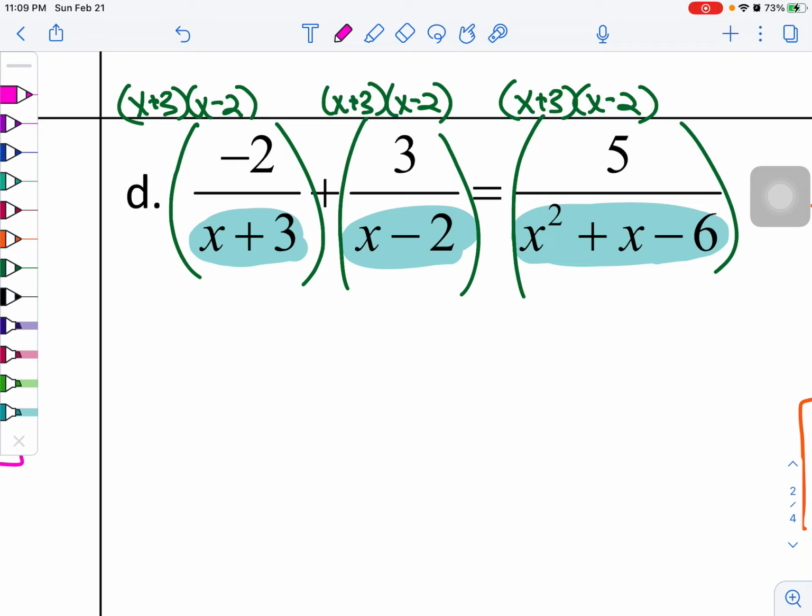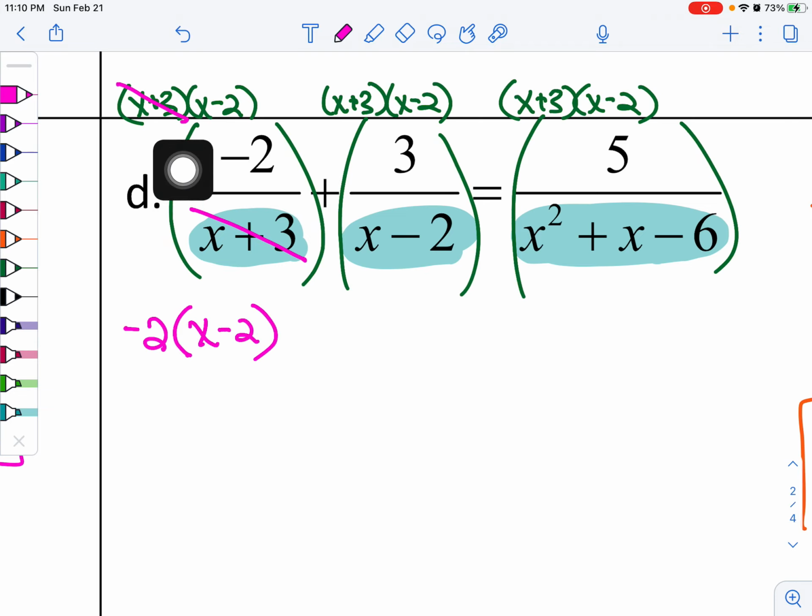Now I want to go through and cancel out what I can to make all of the fractions hopefully disappear. And if I've used the correct LCD, those fractions will disappear. So x plus 3 takes out x plus 3, leaving behind -2 times x minus 2. So that's the -2 from the numerator, and that's the x minus 2 from the LCD that we didn't use or cancel.